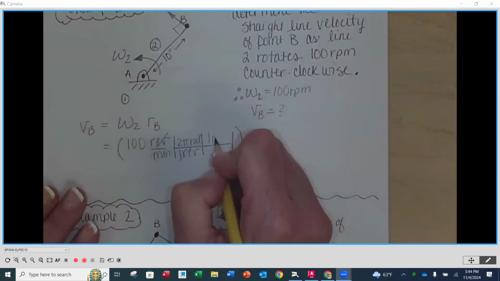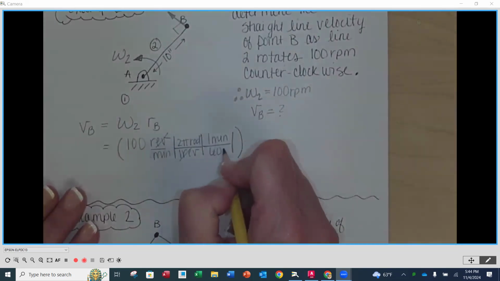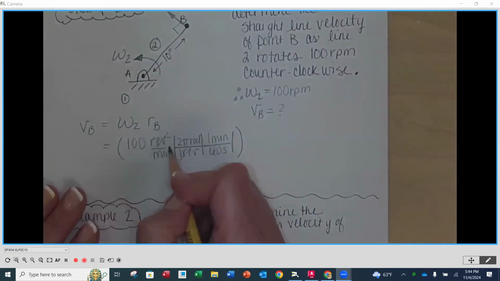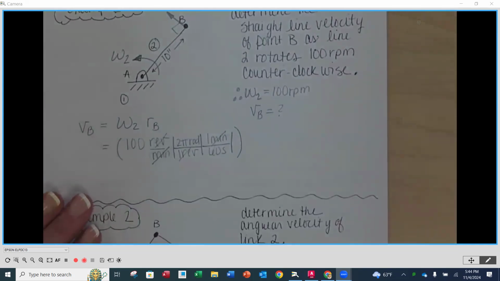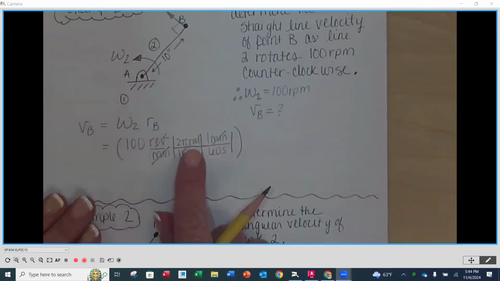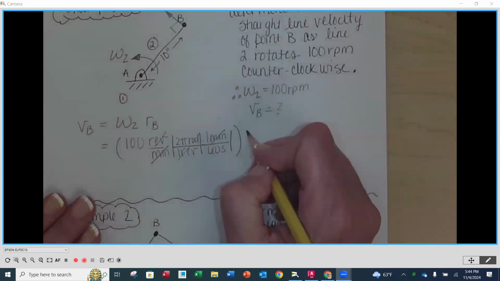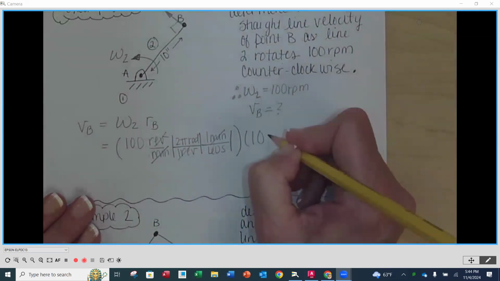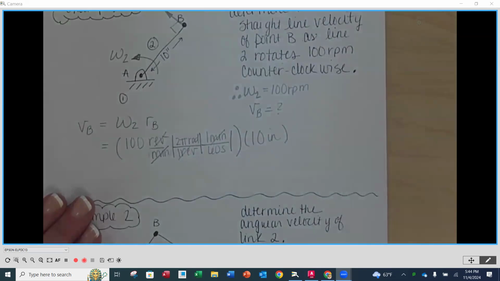And I know that 1 minute is equal to 60 seconds. Minutes cancel. So notice along here, the only thing I didn't cancel out is radians per second. And then I'm going to multiply that by 10 inches.